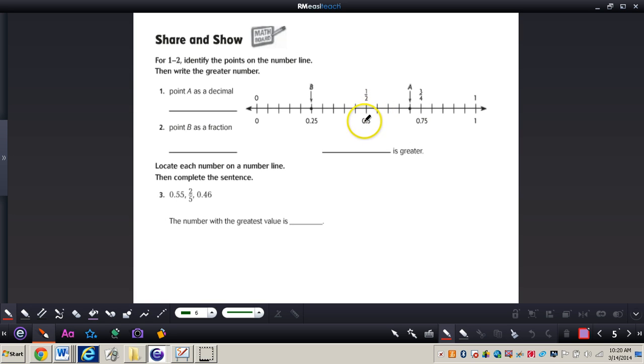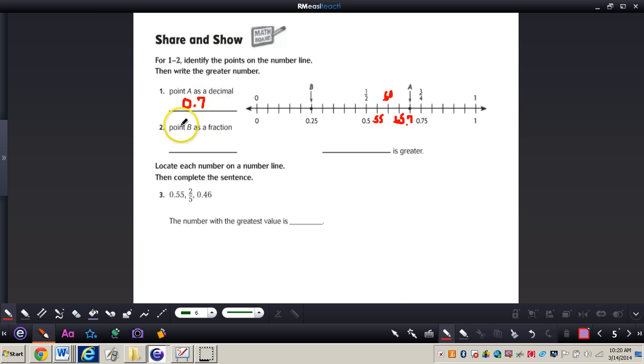So we can start out at even 0.5, so this would be 0.55, and this line would be 0.60, and then the next one would be 0.65. That would mean that line A would represent 0.7 or 7/10. We can even write A as a decimal, so 0 and 7/10 there, or just 7/10.